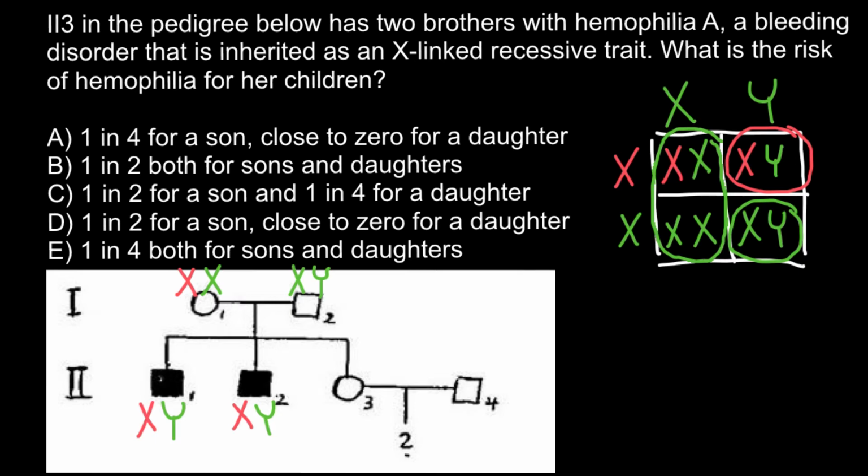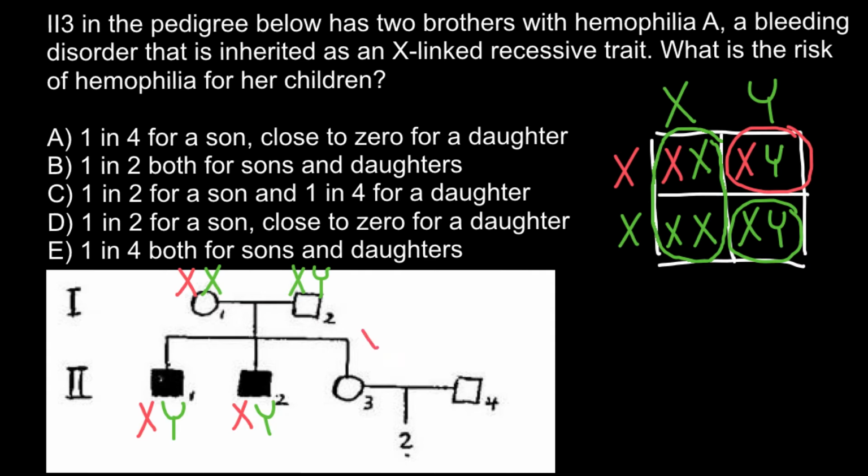So what is the probability for this female to be a carrier of this genetic disorder? Because only when she is a carrier might she also have affected children of the male sex. So the probability would be 50 to 50%. Once again, this is the genotype of the father, this is the genotype of the mother, and as you see, 50% of the females would be carriers and 50% would be of normal phenotype.